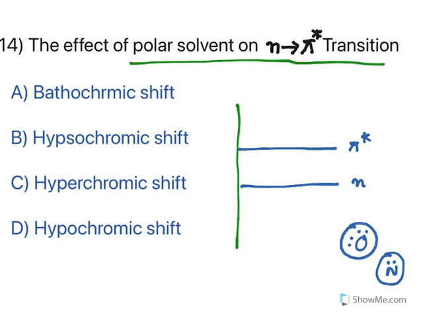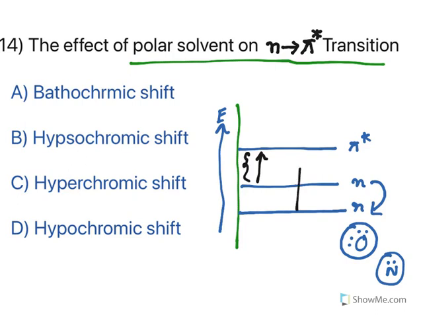When there is stability, it will go to a lower energy level. So instead of here, by going upwards you are increasing energy. So when they are stabilized, instead of here they will come down here. So the energy gap between these two, instead of this one, it is increased to this one. So polar solvent increases the energy gap.